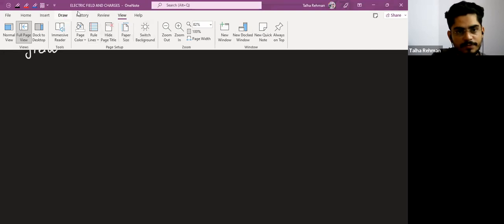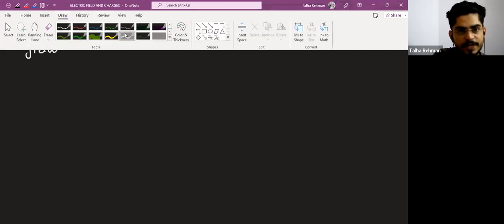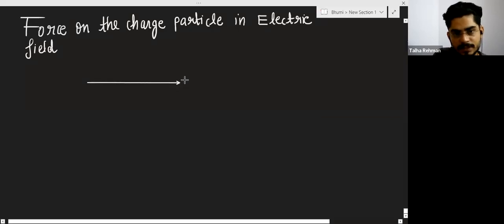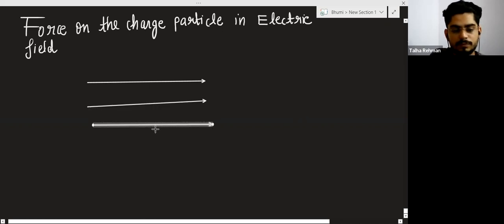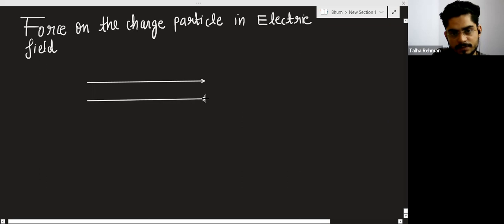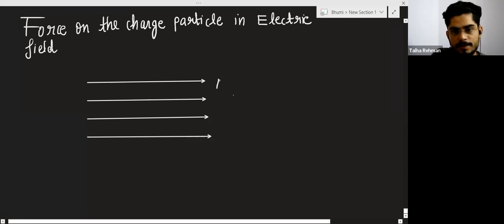So if we have a uniform electric field, like this is the uniform electric field. Okay, now this is the uniform electric field. E is uniform.